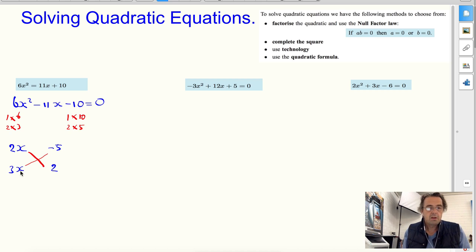So with the cross method, what I do is I read 2x take 5 as a factor, and the other factor is 3x plus 2 equals 0. If you quickly do FOIL on that, 2x times 3x is 6x squared, plus 4x take 15x makes negative 11x, and negative 5 times 2 makes negative 10. So this is the same as that, I'm pretty sure now.